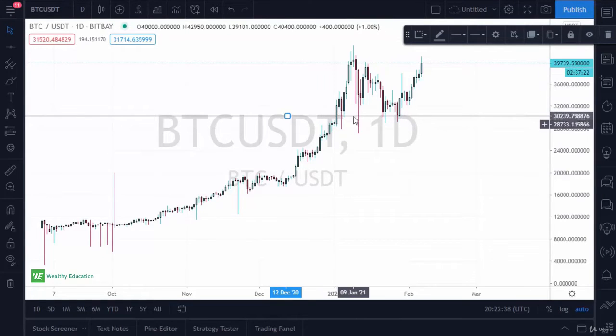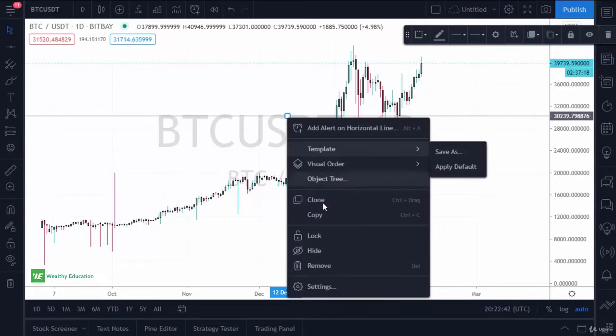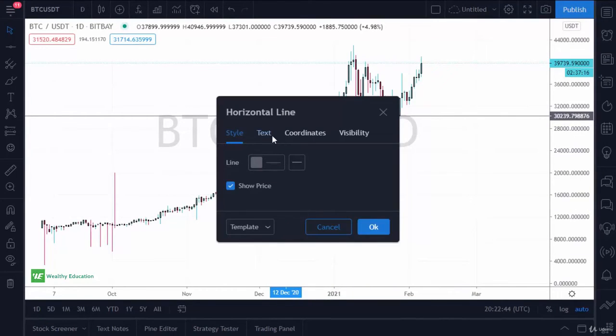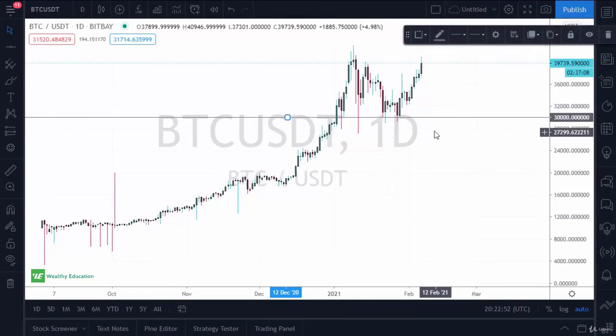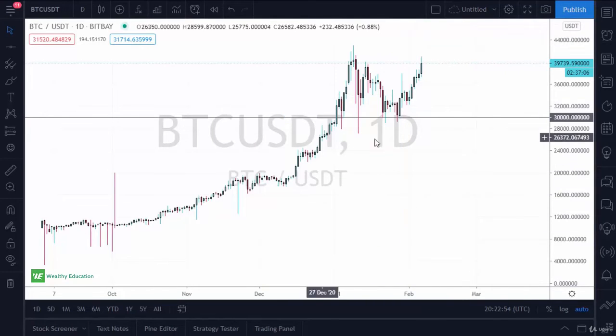It tried to fall, it rallied, it tried to fall, it rallied, tried to fall, etc. So when I go to settings and I go to coordinates, if I put in 30,000, this gives you a good baseline for an area where the buyers may be particularly aggressive.